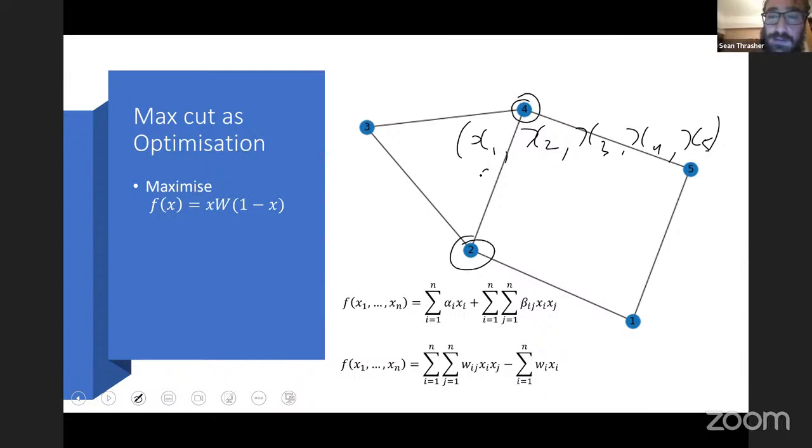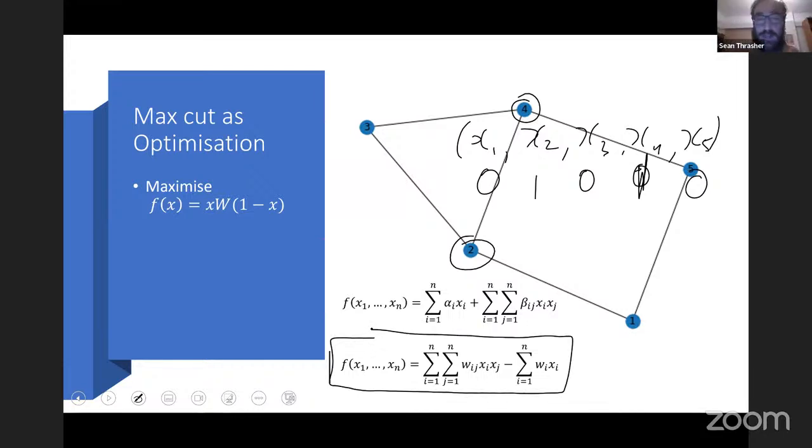So I can write this vector out as 0, 1, 0, 0, 1, for example, right? So I can describe how I'm splitting this graph up by a binary vector. And then I can find what this score would be, the number of shared edges, if I calculate this function.